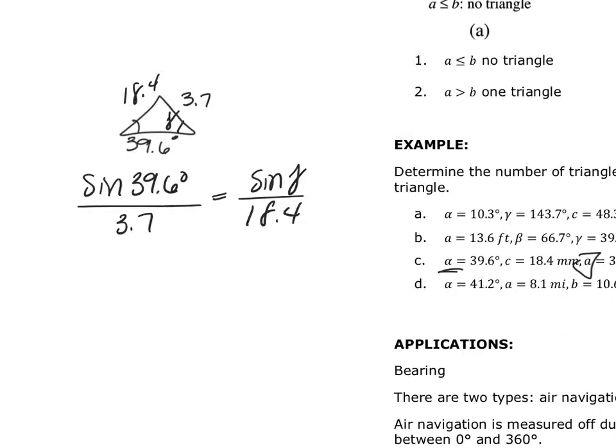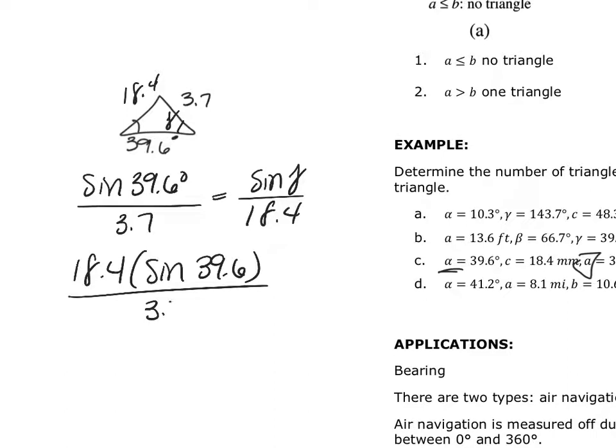I'm going to multiply both sides by 18.4, so I have 18.4 times the sine of 39.6 divided by 3.7. Somebody tell me what you get in your calculator. Make sure you're in degrees. 3.17.